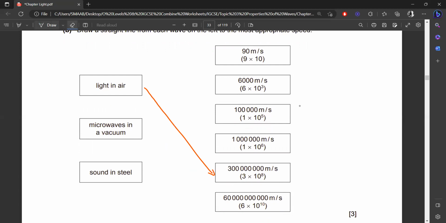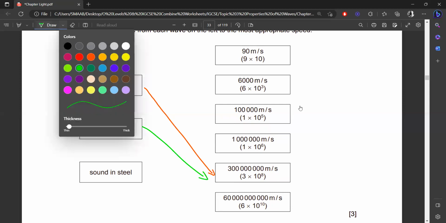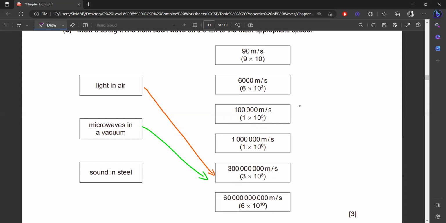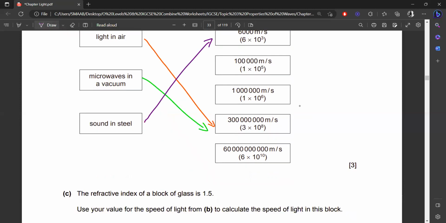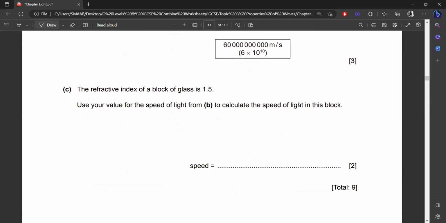And steel is 6,000. Yes, the speed of sound in steel is equal to 6,000. So these are the identifications, because the speed of sound in solids is around 5,000 to 6,000, the approximate value.